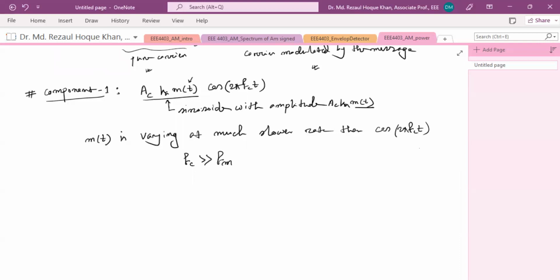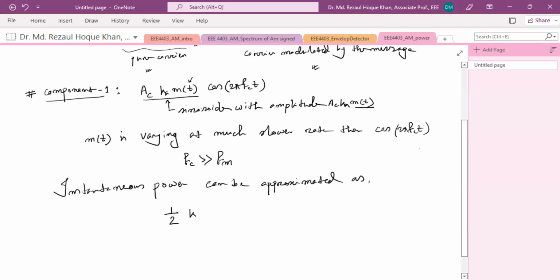If this is the case, then the instantaneous power can be approximated as half of Ka square AC square m square(t).